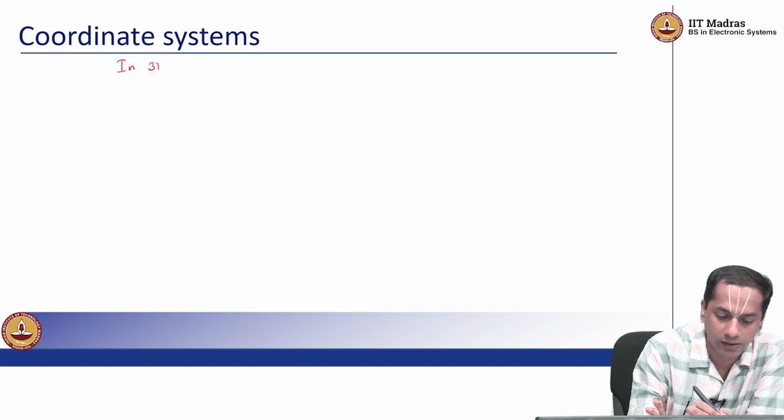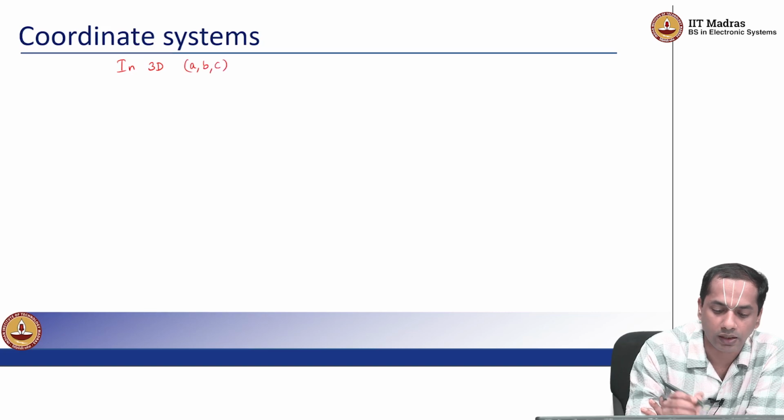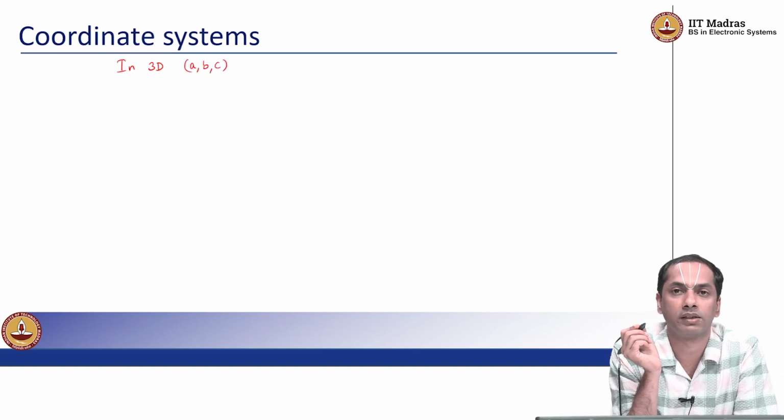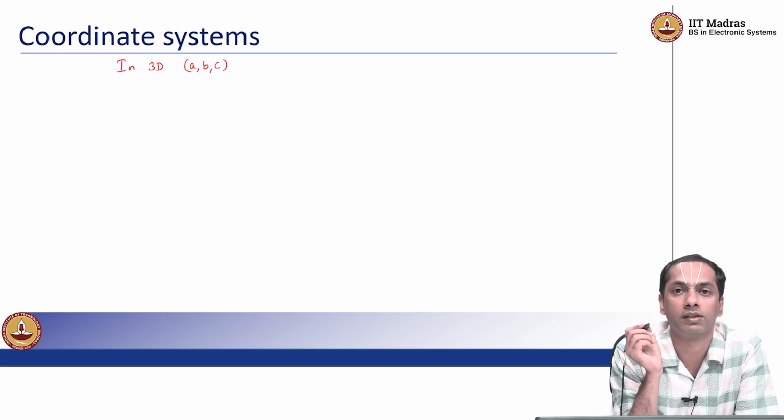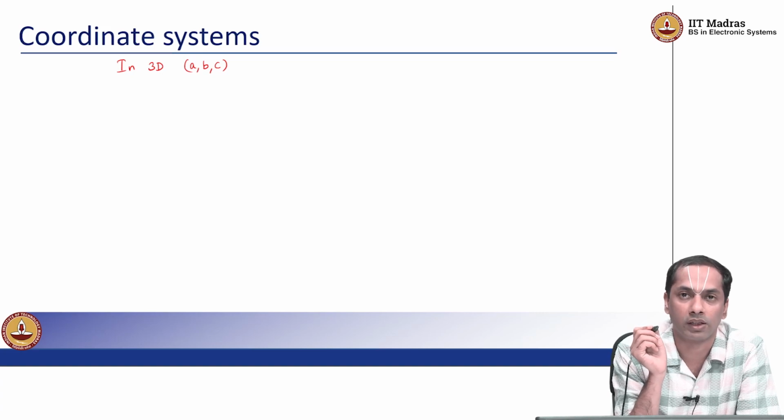So in 3 dimensions I would require 3 independent scalars, right, to represent any location in space. Now the question is, what do these A, B, C represent in each of the coordinate systems?